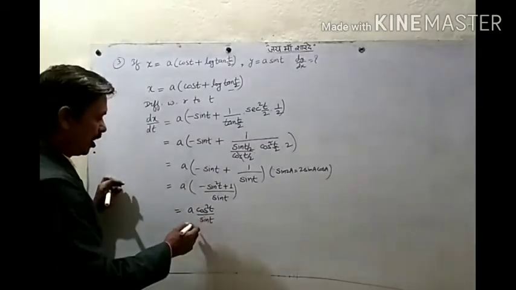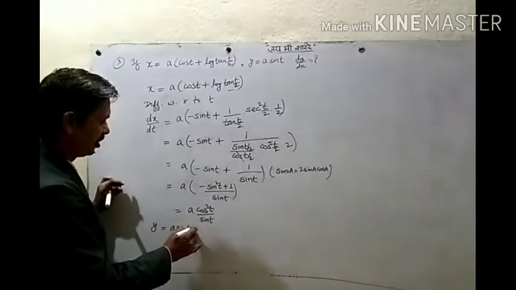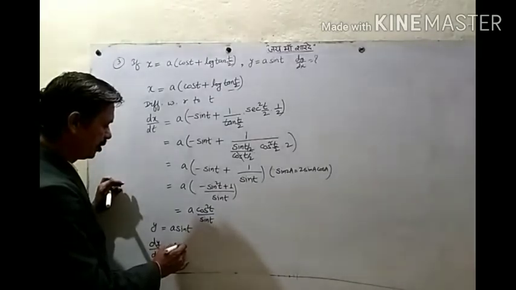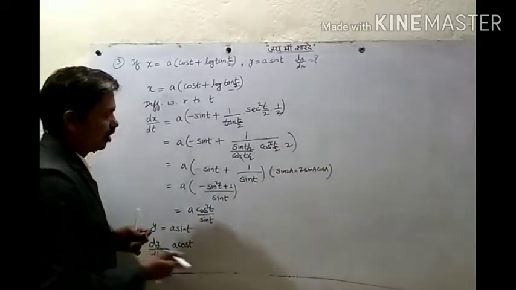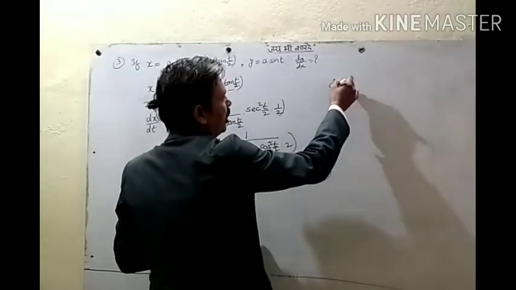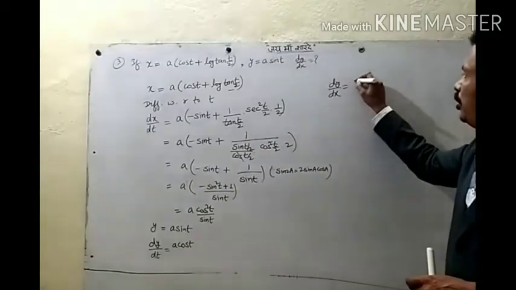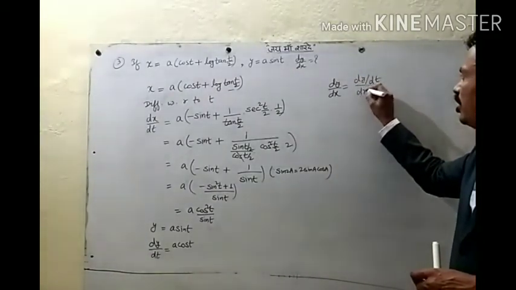Okay? Now y is a sin t. So if we differentiate y with respect to t, we get dy by dt equal to a cos t. Okay? Now we know that dy by dx is dy by dt upon dx by dt.